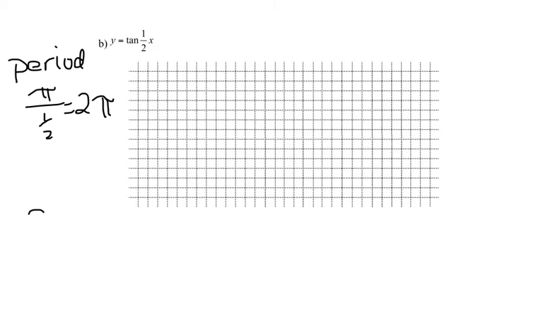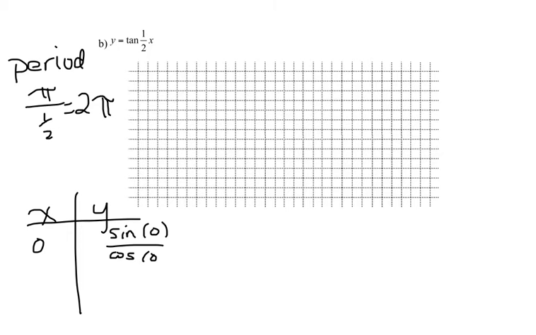No, sorry, that would make 1 for sine and 0 for cosine. How about we write down what I'm talking about so that you can see it and think it at the same time. All right, so if x is 0, half of 0 is 0. I know that that means that my tan value is sine 0 over cos 0. That is 0 over 1, so it's 0. Let's do easy ones for tan.